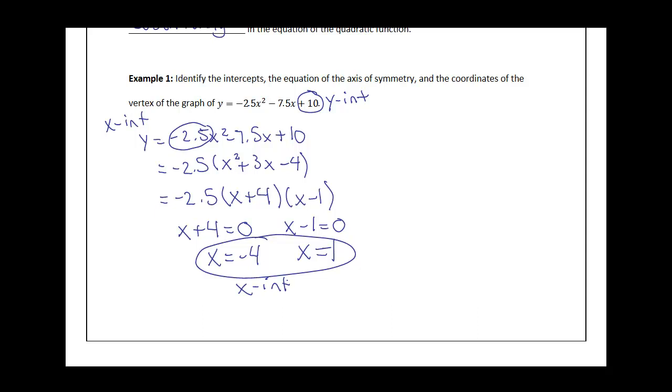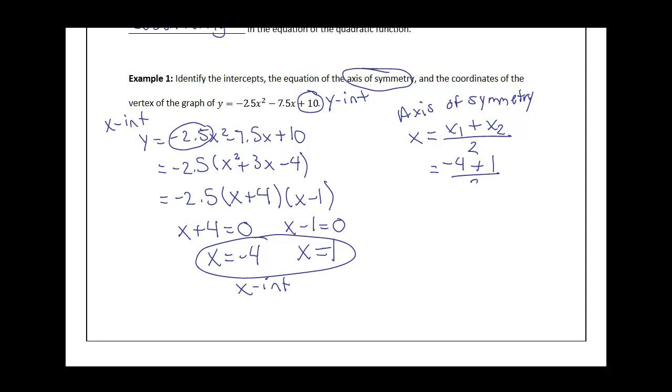From those, we can find the axis of symmetry, because the axis of symmetry is the mean of our x-intercepts. So it equals x1 plus x2 divided by 2, which is negative 4 plus 1 over 2, which simplifies to negative 3 over 2, or negative 1.5 in decimal form. And hence that is our axis of symmetry.